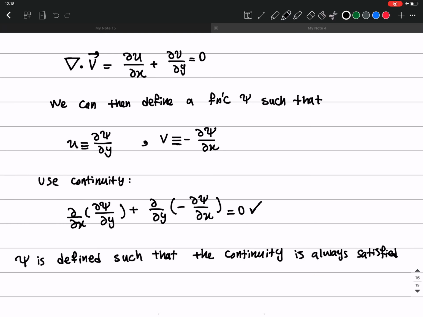So this is defined based on the continuity equation for an incompressible flow for a two-dimensional flow. Okay? As you see, this is defined such that the continuity will be always satisfied.